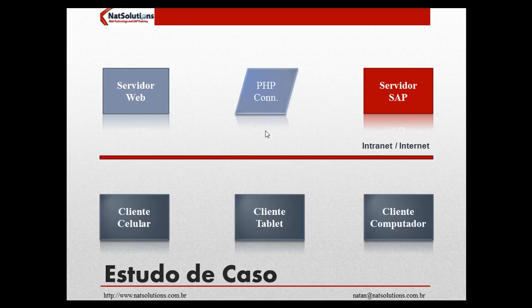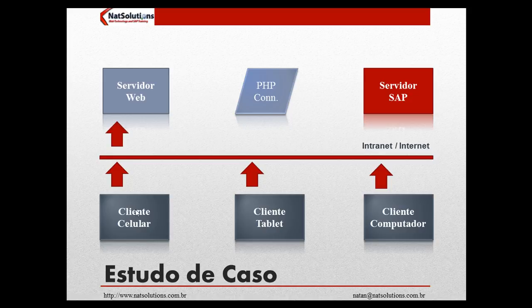The environment can be internet or intranet, and here we have three types of clients: a cell phone, mobile, a tablet, and a computer. The flow of this scenario is that the clients can send information through the intranet, asking for information from SAP.